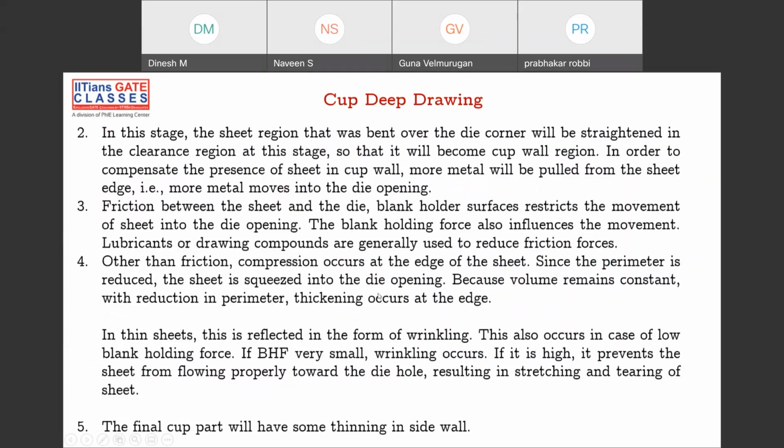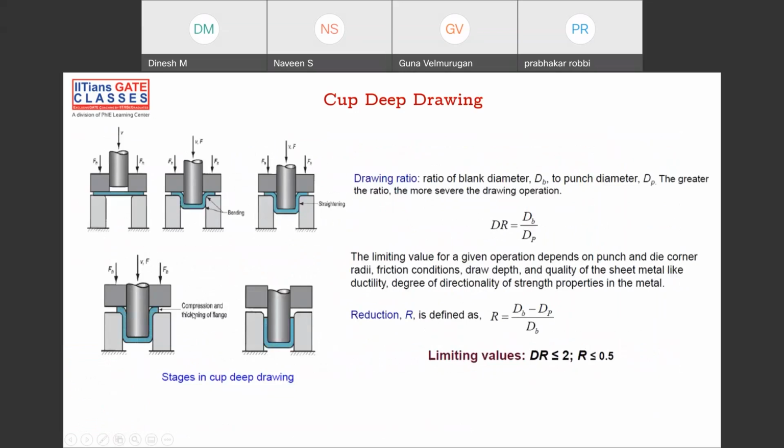And you have to understand why they are saying that there is compression and thickening of the flange edge. When you apply some load here, the sheet will be formed like this, right?